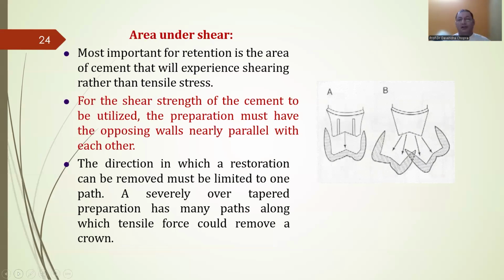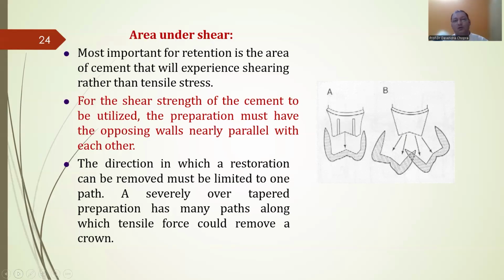Area under shear. For the shear strength of the cement to be utilized, the preparation must have the opposing walls nearly parallel with each other. If you accidentally or intentionally induce an undercut in one proximal surface or both the proximal surfaces, definitely, again, you can check out the B diagram.